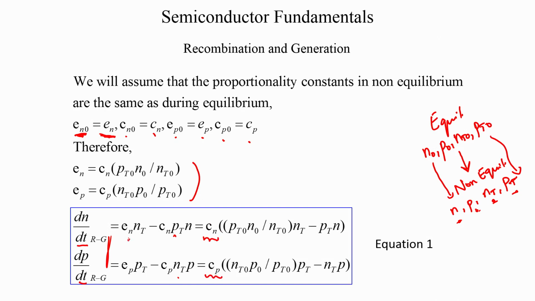So, we write En in terms of Cn and Ep in terms of Cp, and say that these differential equations are now essentially the same as these two terms here. We call this very important equation, equation 1.